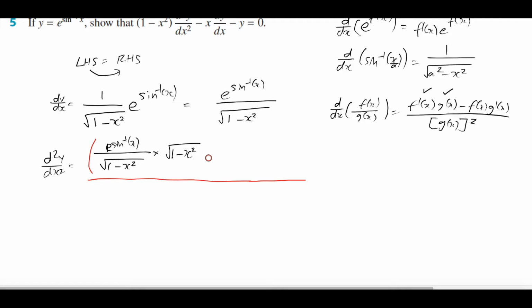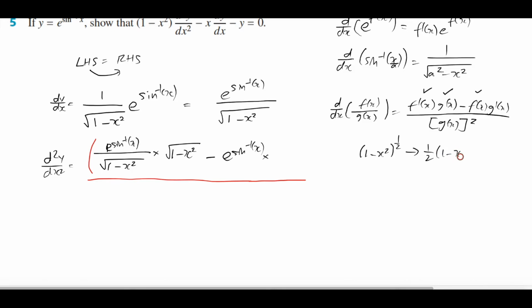Moving on to the next stage, that is f(x) times g'(x). Well, f(x) is just e to the sine inverse of x, nothing has changed here, multiplied by g'(x). So g'(x) is the derivative of the function at the bottom. Another way of writing that is 1 minus x squared to the power of half. If we derive that, we bring the power half down, then the power minus 1, times the derivative of the inside, so chain rule pretty much.